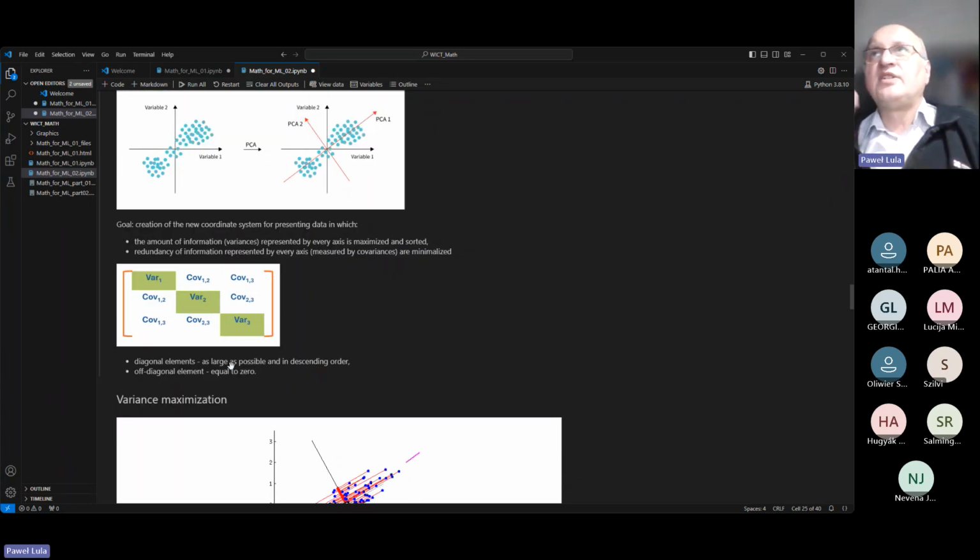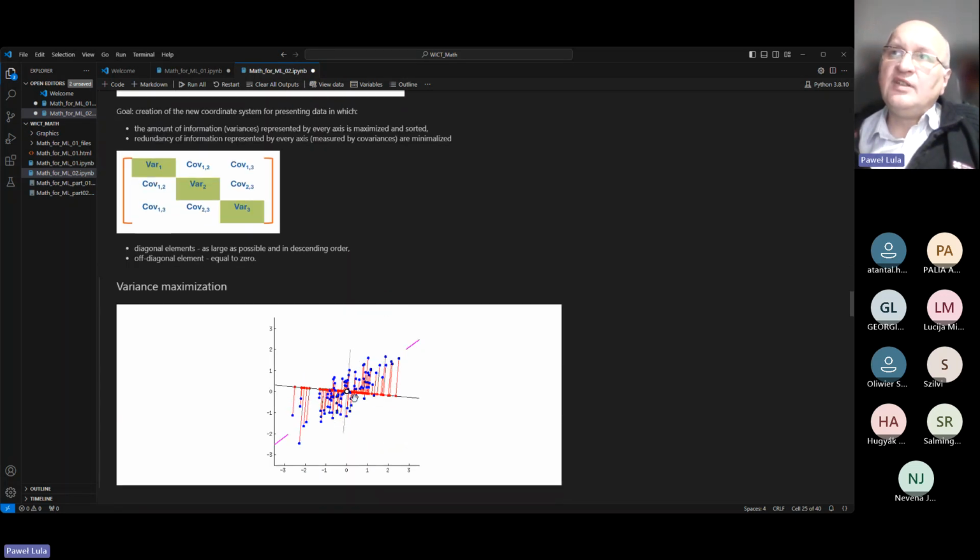So first, we are talking about finding the position for the first axis. I know that this first axis should intersect the 0, 0 point. But I should find the right angle, the right position for this line.